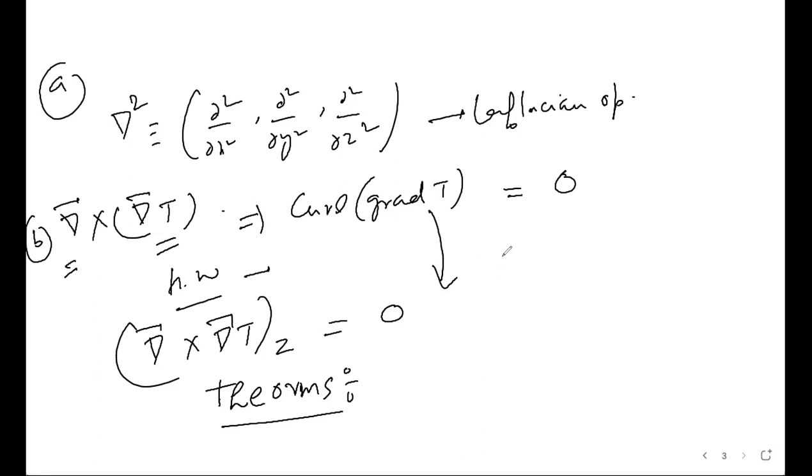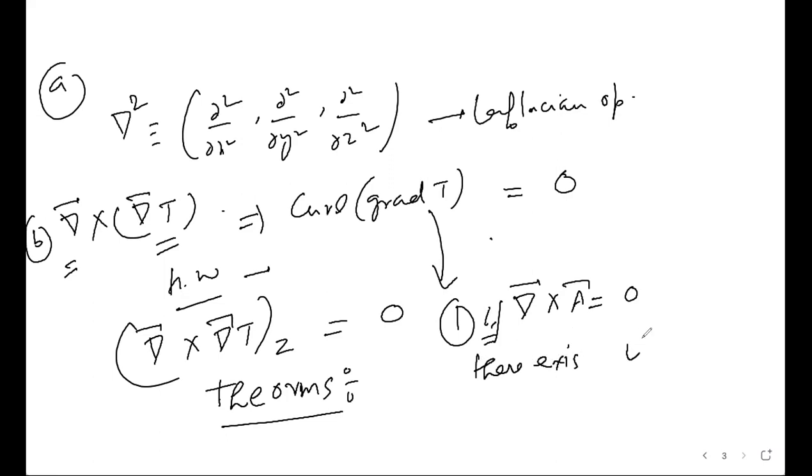But I will just introduce the first theorem, and this says something like, if I can write del cross A equals 0, then there exists a scalar, something like psi, or you say T, because I have been maintaining the scalar and vector notation, where T stands for a temperature field and H stands for a heat field, I mean heat which is propagating through temperature difference.